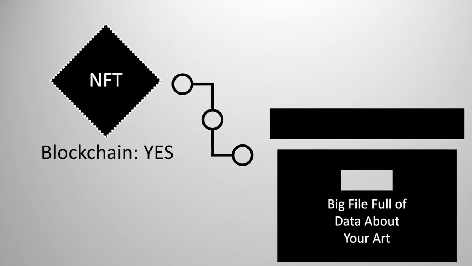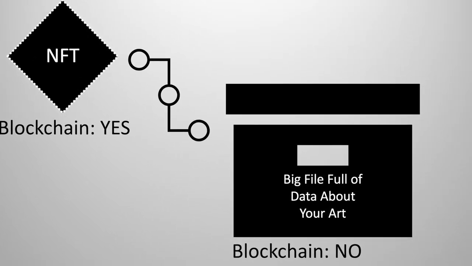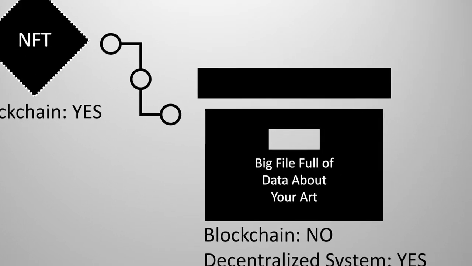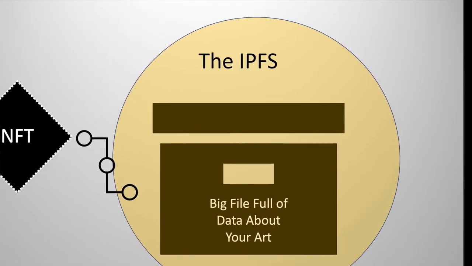You can't because the blockchain doesn't hold a lot of information. It's super expensive. So the NFT is just going to give you links to a larger file, which is outside of the blockchain. It still can be on a decentralized system, and in this case, it's called the IPFS, which is the Interplanetary File System, but it is not the blockchain.